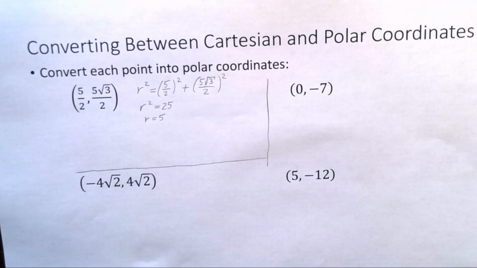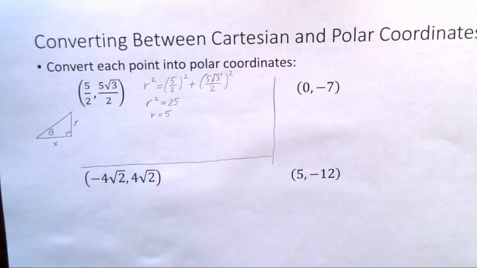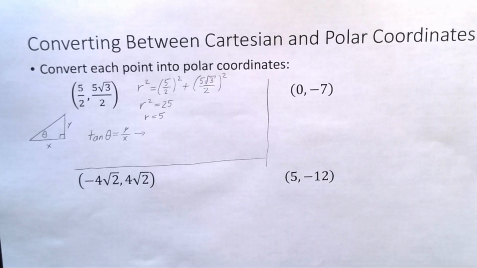Our next task is to calculate theta, and as a reminder, we have the right triangle shown at left, where the angle theta has an opposite side of y and an adjacent side of x, giving tangent theta is equal to y over x. Inserting our coordinates then gives tangent theta is equal to 5 square root 3 over 2 over 5 over 2.